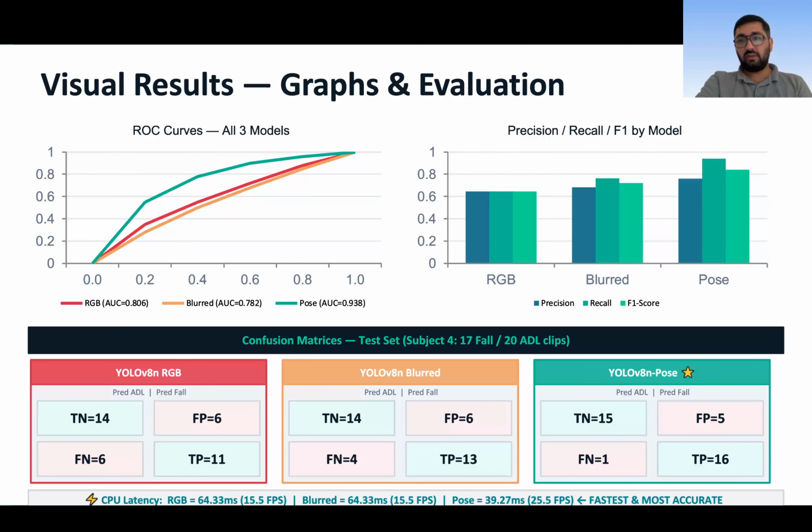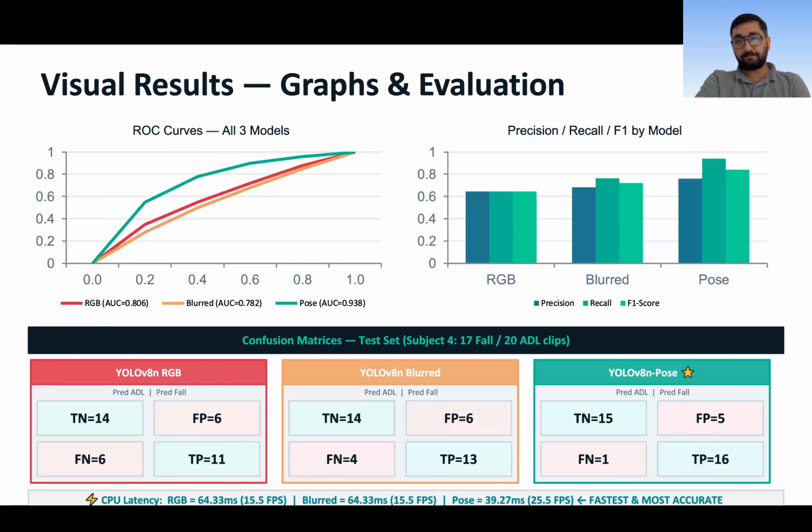Let me walk through the visual evidence. Top left, the ROC curve for all three models. The green line for the Pose model sits clearly above the other two with an AUC of 0.938. The closer the ROC curve hugs the top left corner, the better the model's ability to separate fall from non-fall.